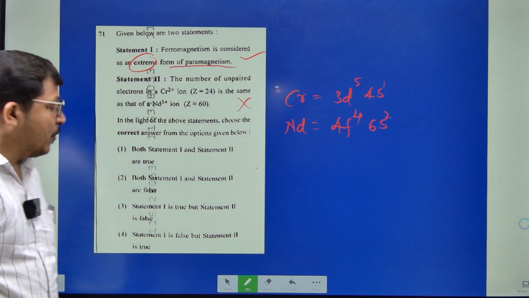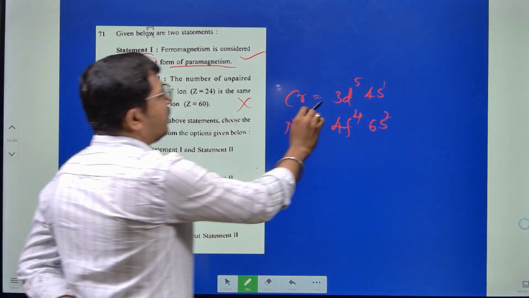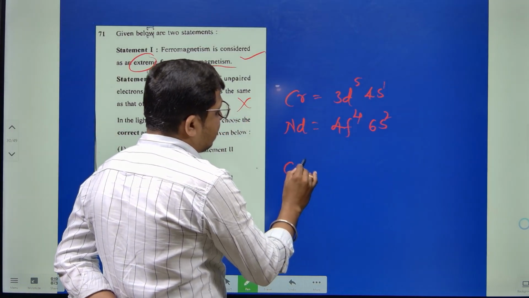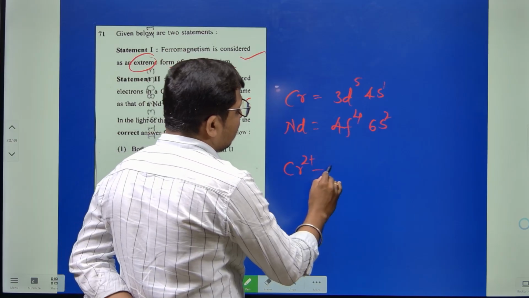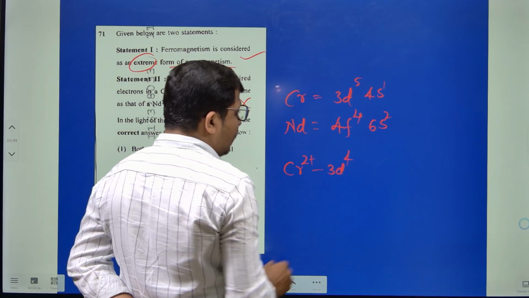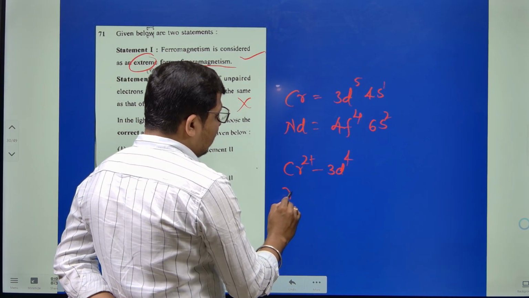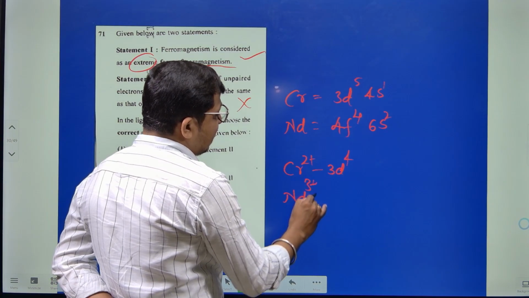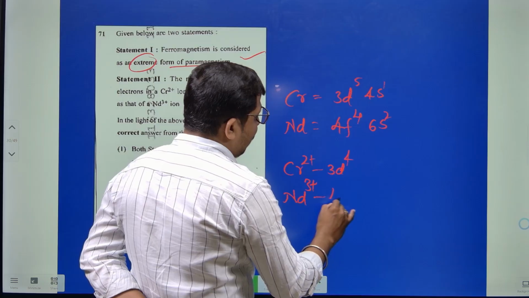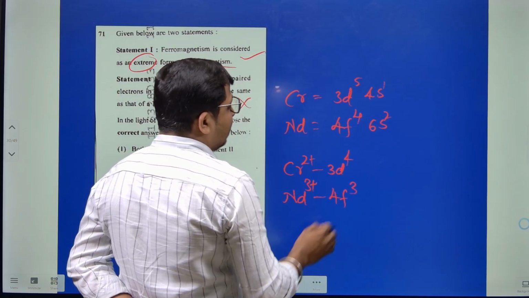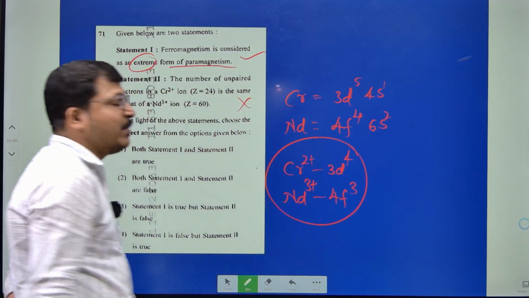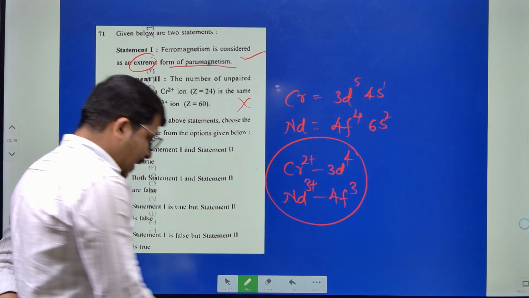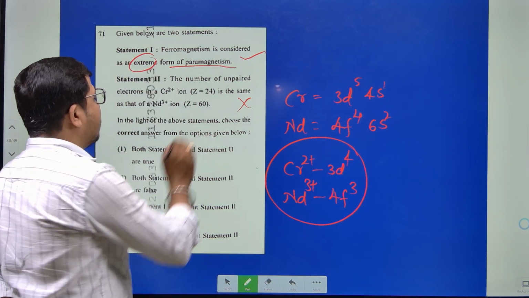This is the electronic configuration of chromium and neodymium. And this Cr2+ becomes 3d4, and neodymium Nd3+ becomes 4f3. Therefore, the number of unpaired electrons is not the same in the chromium ion and the neodymium ion. Hence, the second statement is wrong.